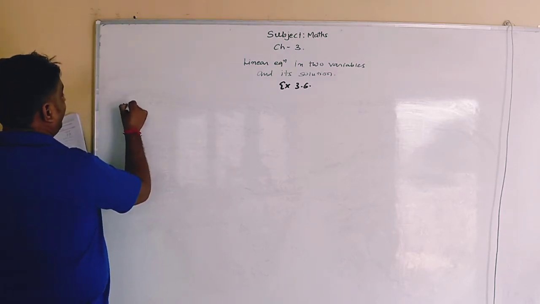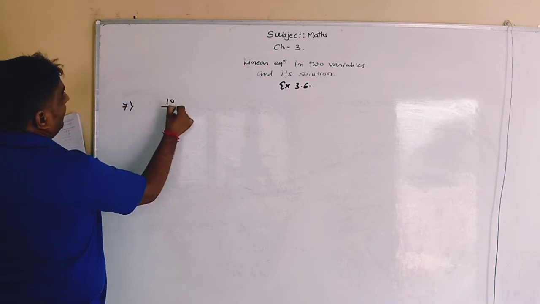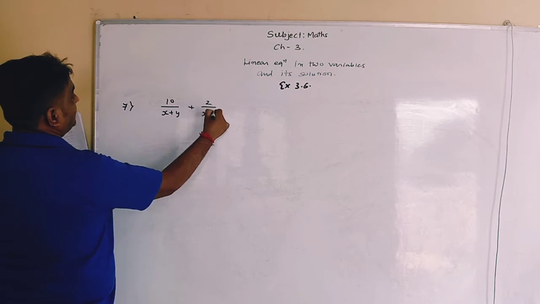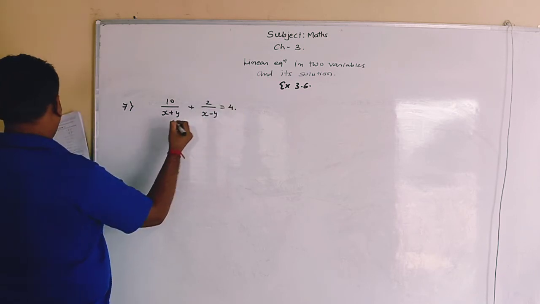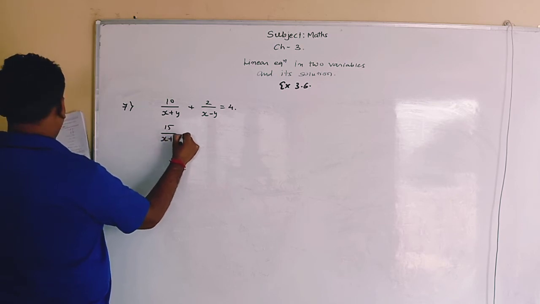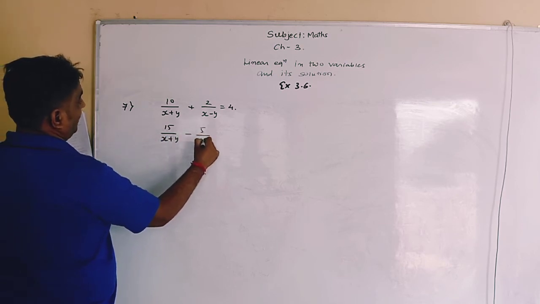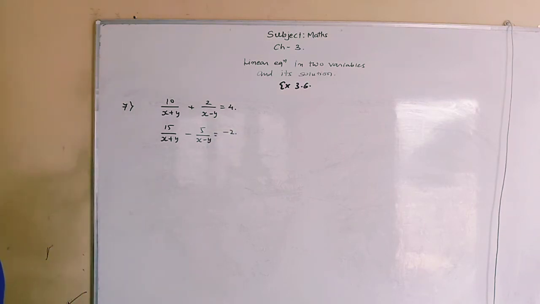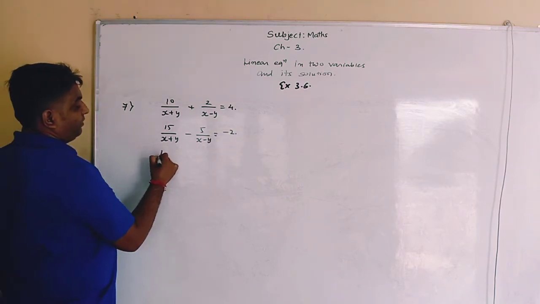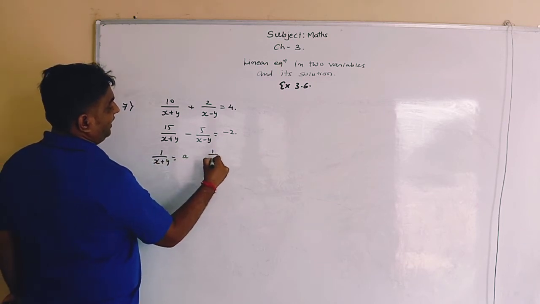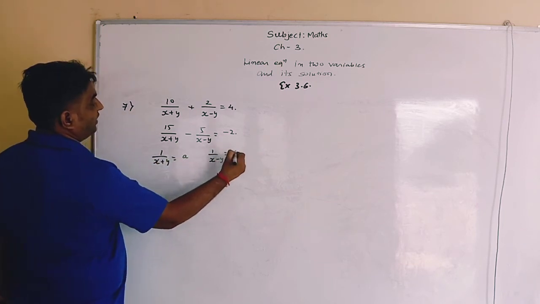Seventh question, we have 10 by x plus y plus 2 by x minus y equals 4, and 15 by x plus y minus 5 by x minus y equals minus 2. So we take 1 by x plus y equals a and 1 by x minus y equals b.